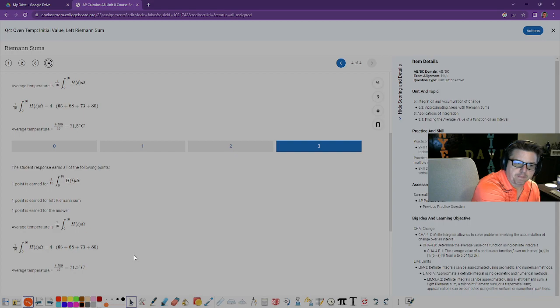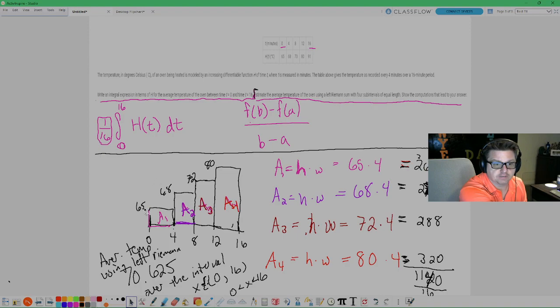Interesting. Plus 68 plus 73. 65 plus 68. 286 times by 4 divided by 16. 65, 68, 73.